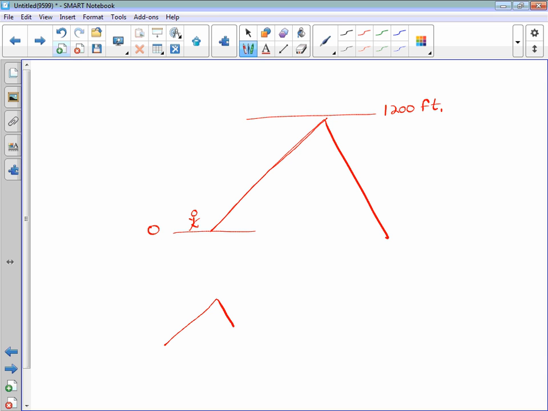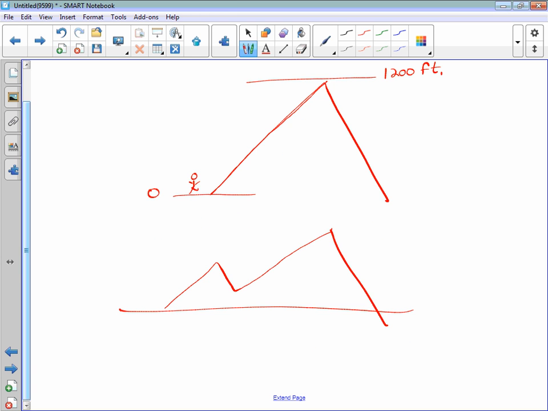Think if the mountain goes like this. Here you are, starting down there at 0. And let's say this is like 400 feet. If you go from the bottom to the top over here again at 1,200 feet, are you at 400 feet at least once?